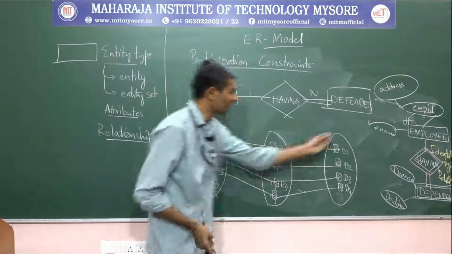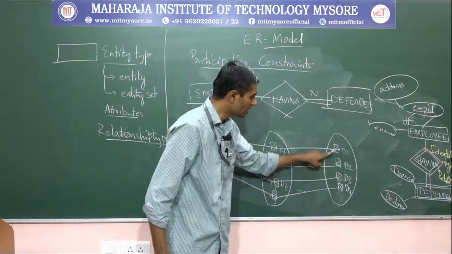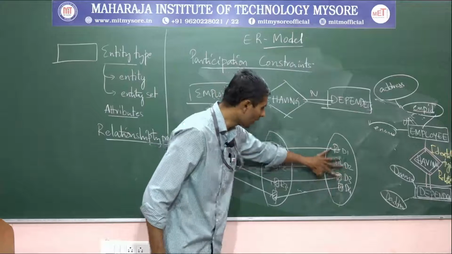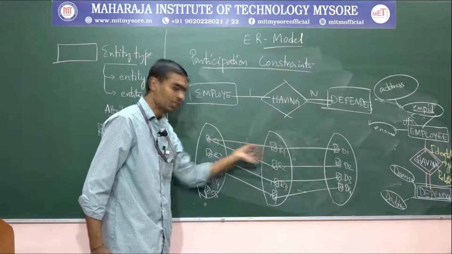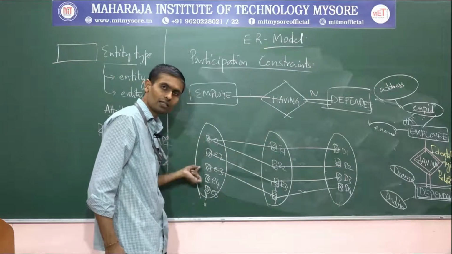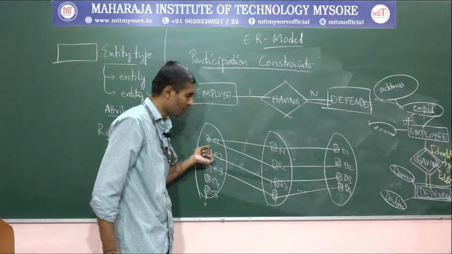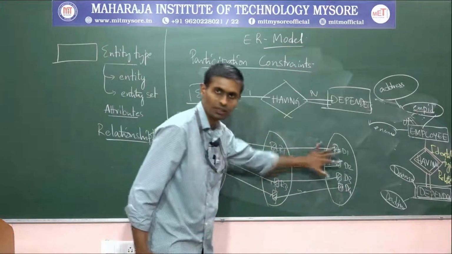Look at this set, guys, especially the dependents entity type set. Here we have 4 instances, and all 4 instances are connected with these employee instances, one way or the other, with the help of these relationship instances. All are connected, all are participated, right?